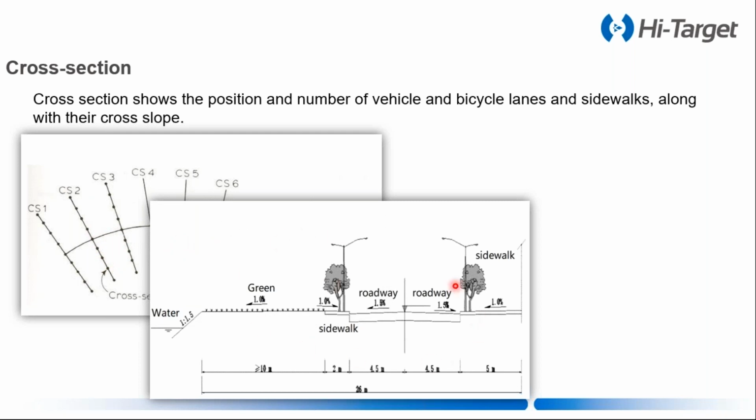In this picture, we can see some information such as the roadway, sidewalk and green belts. We can also see the gradients and the width of each lane.